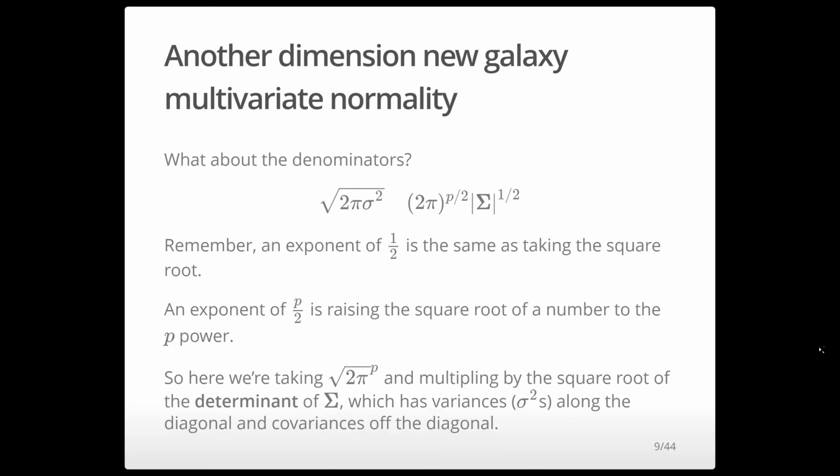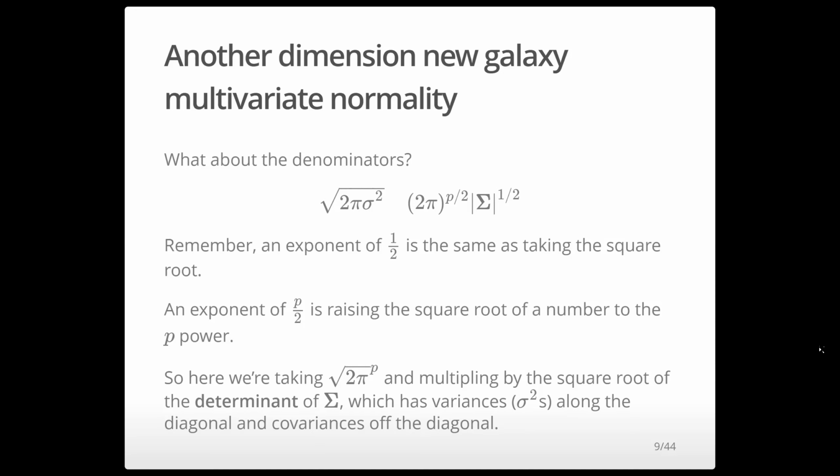Now remember, raising something to 1 over 2 is the same thing as taking the square root. So this determinant of the covariance matrix to the 1 over 2, that's saying we're taking the square root of the determinant of the covariance matrix. And p over 2 is raising the square root of a number to the p power. So that first part is essentially saying we're taking the square root of 2 pi and raising it to p.